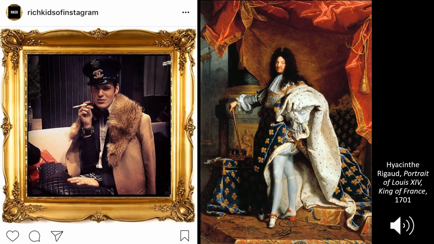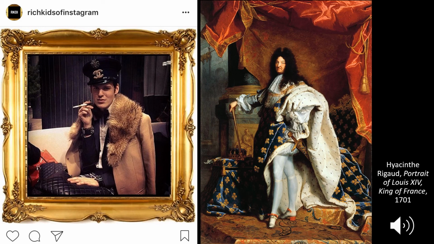So on the left, you see a portrait that I pulled from Instagram, a satire account, Rich Kids of Instagram. Presumably, this was commissioned or at least choreographed by the sitter to achieve some goal. And what is this image telling us? Well, it's celebrating, right, luxury through the coat, the hat, the display of Chanel here.